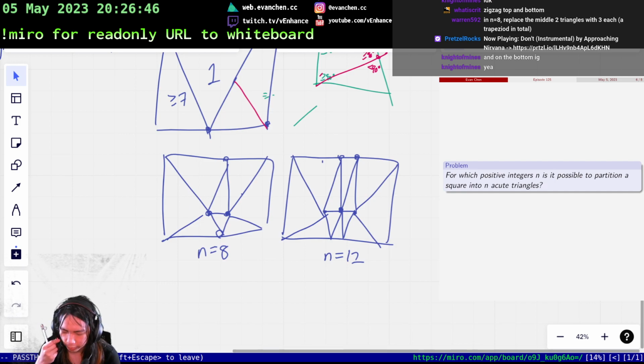Any way you can get less than or equal to 10 is if you have 2 bursting vertices and each of these is in a different... well, these are the same triangle, and then each of these is in a different one. And so if you have any additional points, it'll be more than 10. Yeah. Okay.